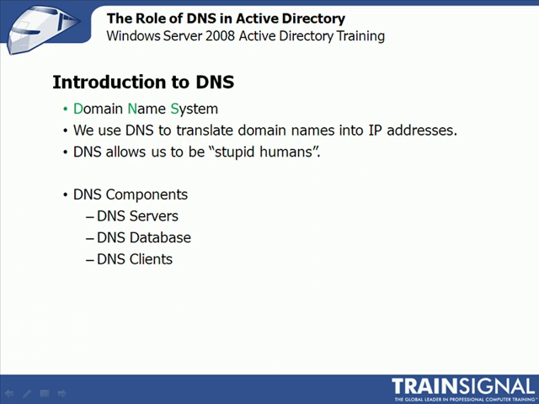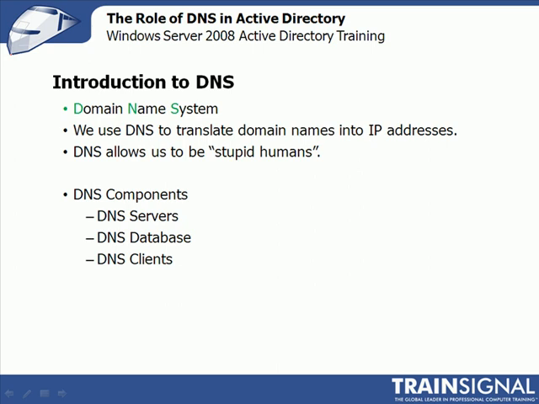So to get things started, let's look at a basic introduction into exactly what DNS is. First of all, the letters themselves, DNS, stand for the Domain Name System. And what does this mean? Well, the Domain Name System, or DNS, is used to translate domain names into IP addresses.